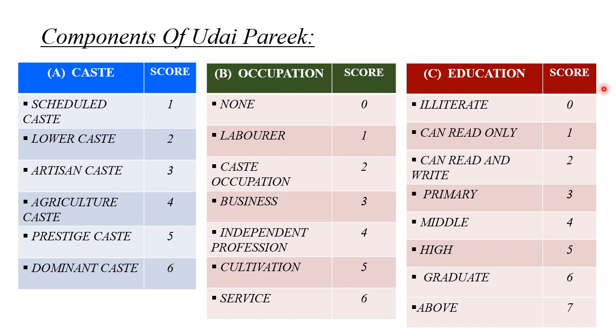Then education: illiterate, can read only, can read and write, primary up to the 5th class, middle up to the 8th class, high up to the 10th, then graduate, then above graduation. These are the scores for education.